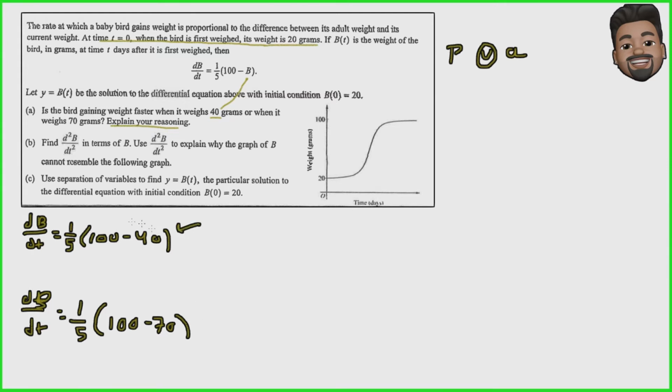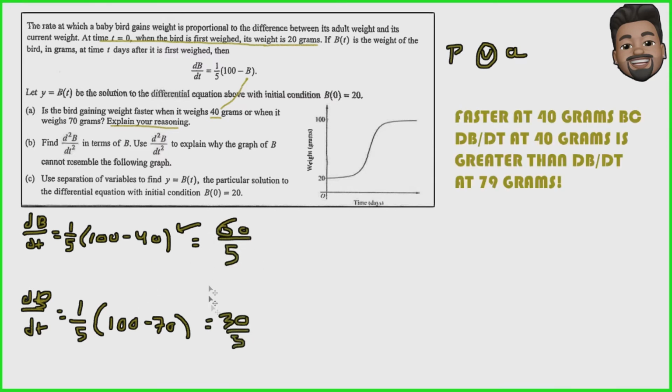I don't even have to solve these all the way, but I can if I want to. This one gives 60 over 5, and this one gives 30 over 5. So I know obviously this one up here is growing faster. Hopefully that makes sense, y'all, and our justification is right there.